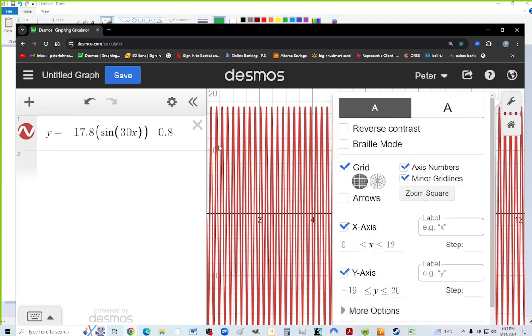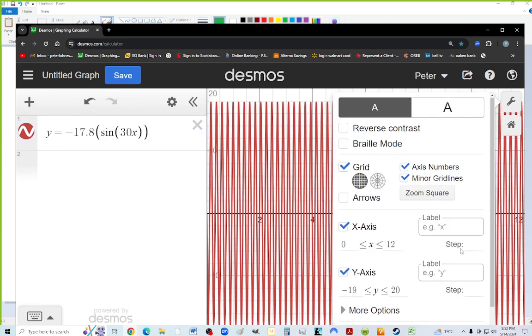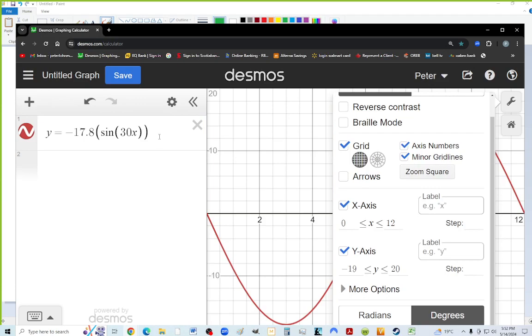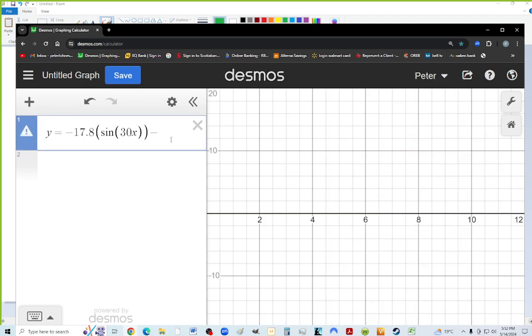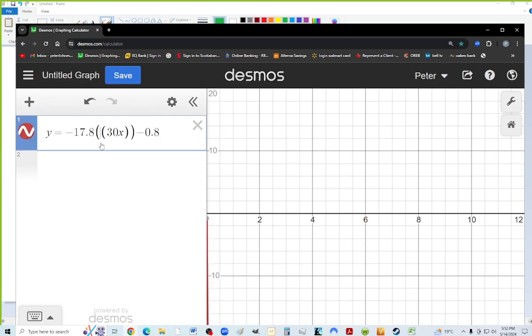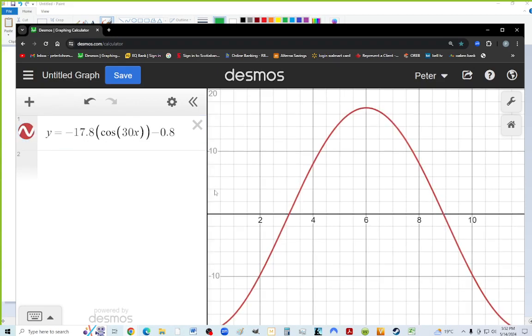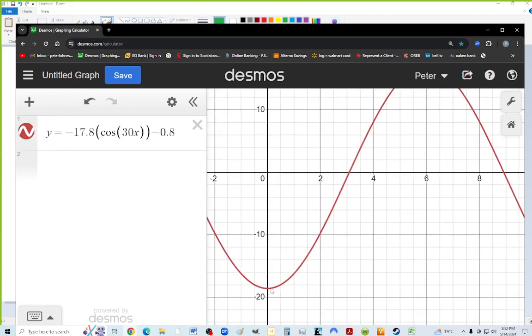So let's just get rid of that. Let me make sure. Oh, I know. I'm not in degrees. Bad. There we go. So it's a cos curve, though. I don't want a sine curve. Cos curve. There we go. Now, we're going to see if it starts at the bottom.